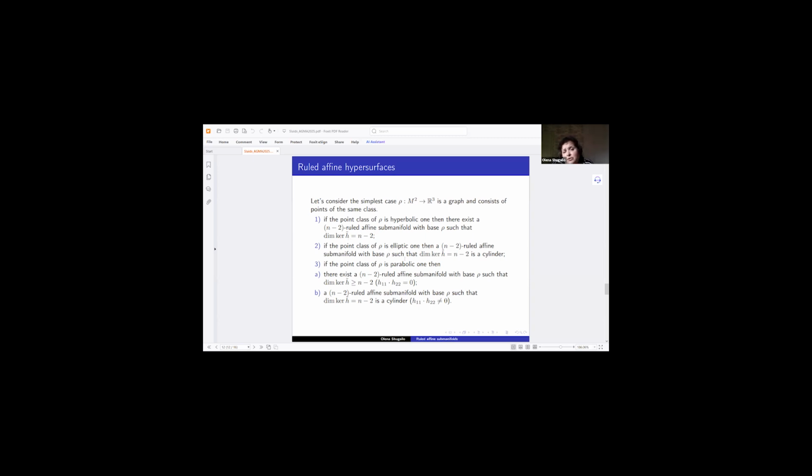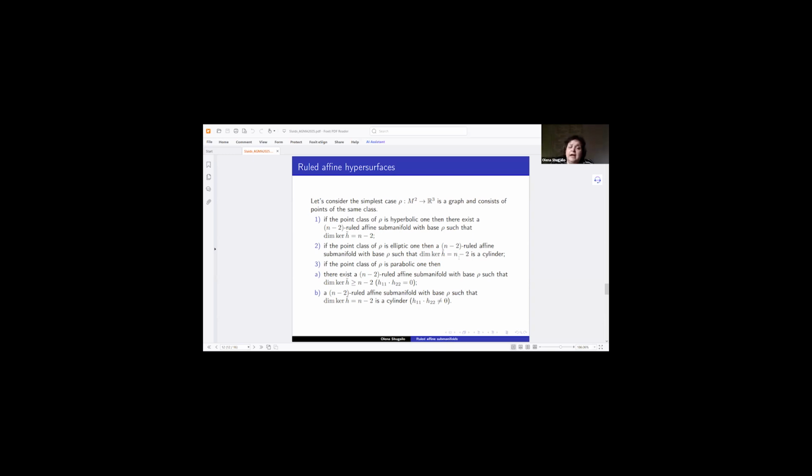If the point class of rho is elliptic, there exist n minus 2 ruled affine submanifolds with space rho such that the dimension of the affine fundamental form is equal to n minus 2, and it is a cylinder. If the point class of rho is parabolic, then we have two cases.